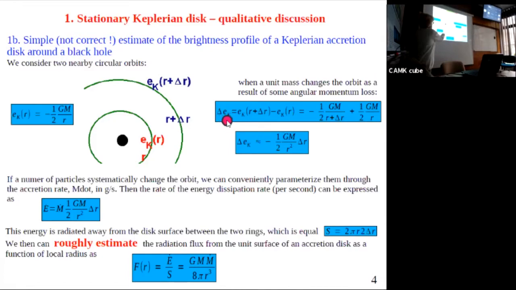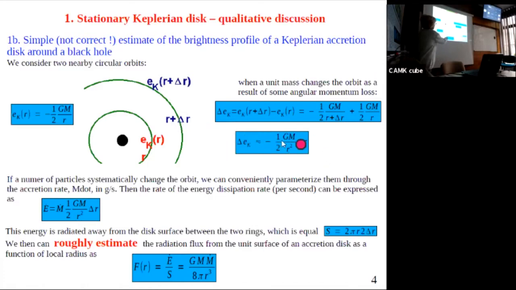The difference in energy. And this is the expression, and we will assume that delta r is small. So this is the correct expression, but if delta r is small, you can combine those two terms, and you will get a term half GM over r squared, still times this size.